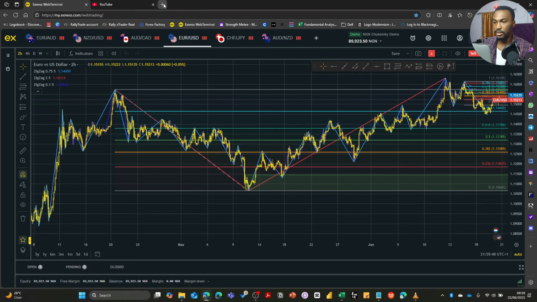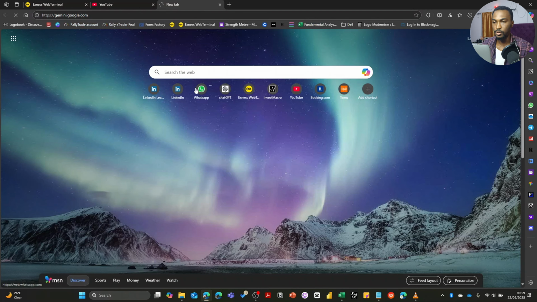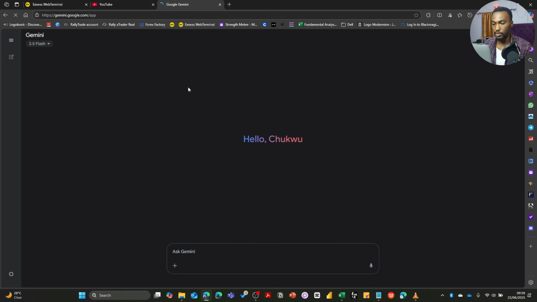But as you all know, I am quite not certain about going against the Swiss franc, simply because Swiss franc has been known for its high stability. So just to buttress this point, let's head straight to something that can quickly go through the internet and give us a good answer of how powerful the Swiss franc is.